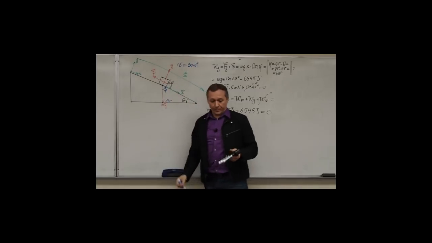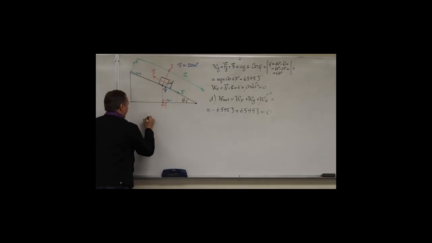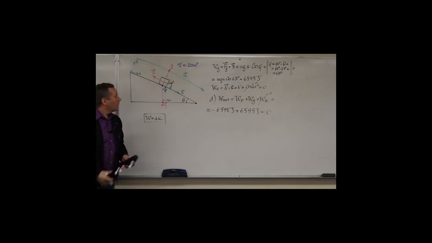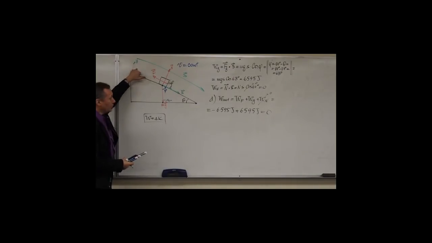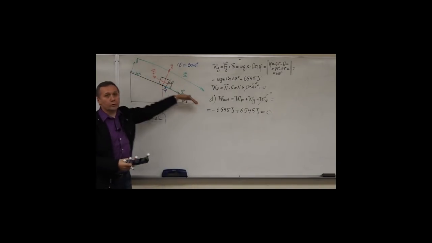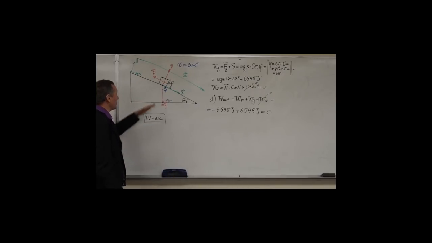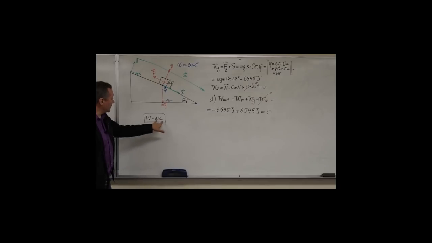If you recall the work kinetic energy principle, work equals delta K. Since velocity is constant, the kinetic energy at the initial point, at the final point, and throughout the whole motion is exactly the same. Mass constant, velocity constant, of course kinetic energy is constant. So delta K equals 0 and work equals 0.